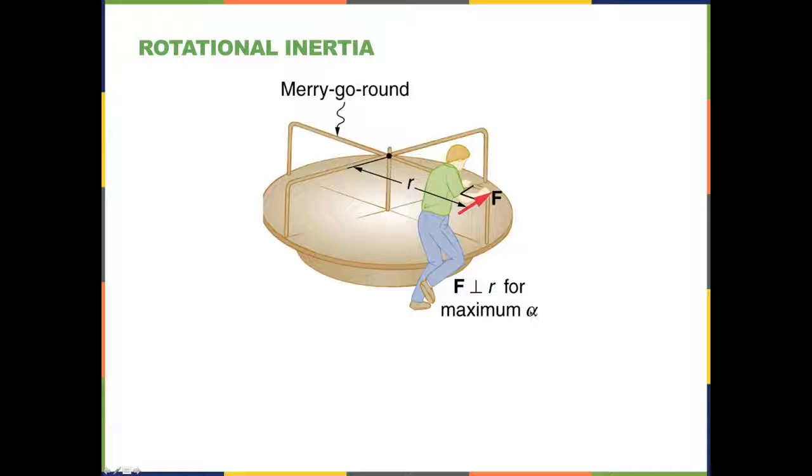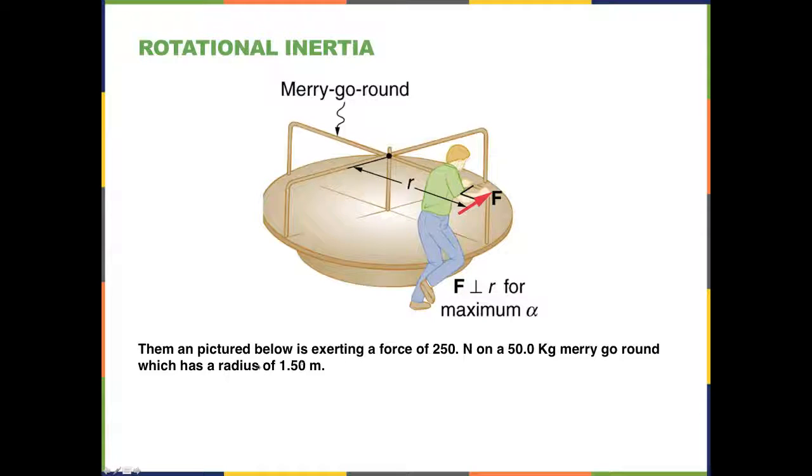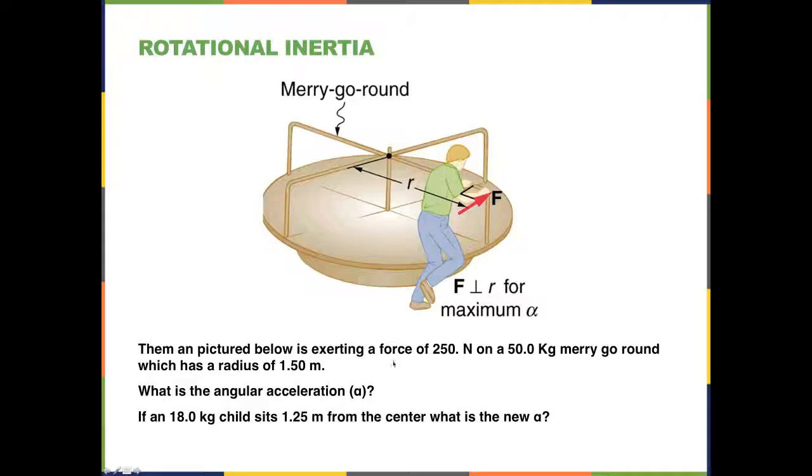The man pictured below is exerting a force of 250 newtons on a 50 kilogram merry-go-round with a radius of 1.5 meters. What is the angular acceleration? And if you put an 18 kilogram child approximately in this area, 1.25 meters from the center, what is the new alpha?